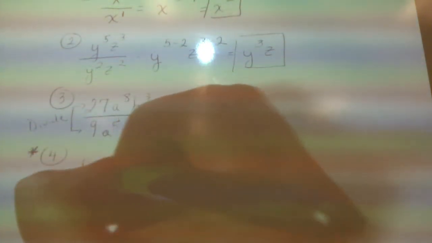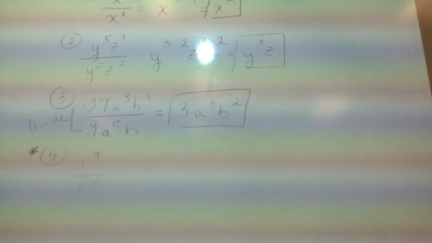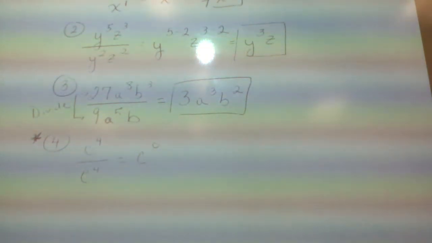Number 4. I'm going to put a little star next to this one. This is a special problem. I've got c to the fourth divided by c to the fourth. Now if I follow the rule, I subtract the exponents. So 4 minus 4, that's giving us c to the 0.